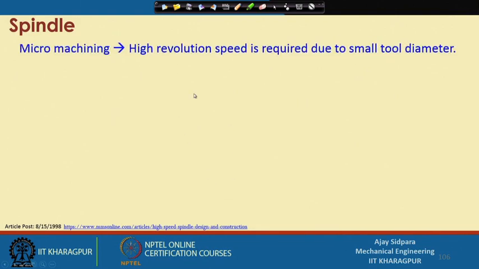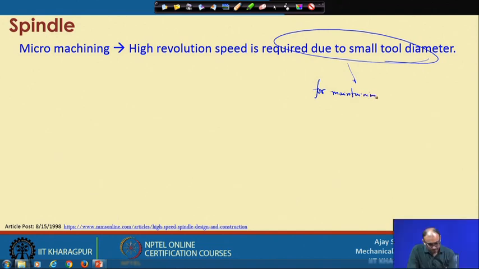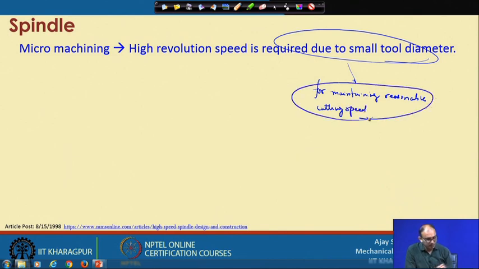In micro machining, the spindle is very important. High revolution speed is required due to the small diameter of the tool, and we have seen that we have to maintain the cutting speed. Maintaining a reasonable cutting speed is very important, so that you can get a reasonable material removal rate.